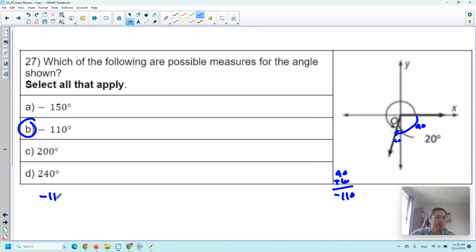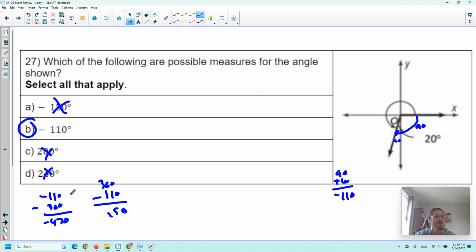Negative 110 minus 360 is negative 470, and negative 150 is not negative 470. If I add, that's 360 minus 110, which gives 250. So 250 is neither of these ones either, so I think it's just B.